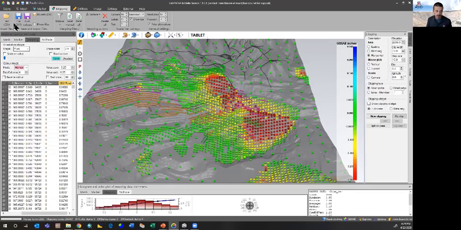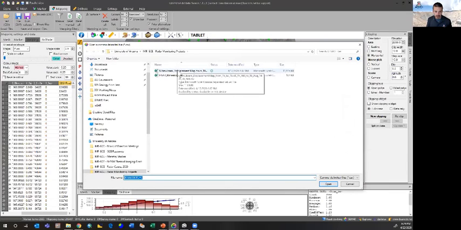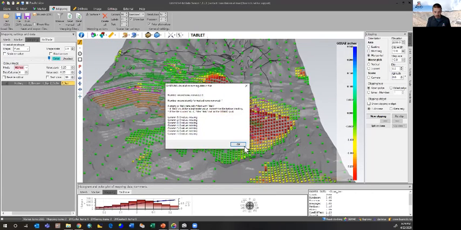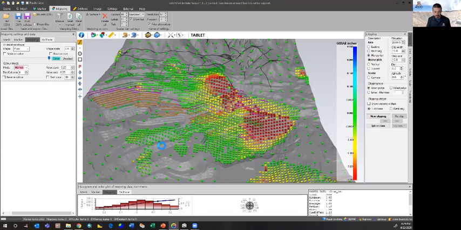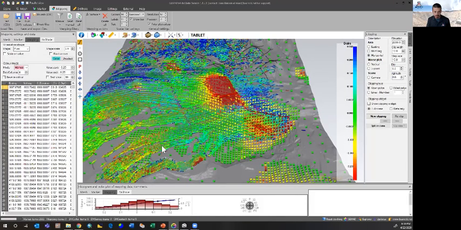And so that's what we did. We brought in 200,000 points of 12 hours subsampled radar data into the software. And so it's just loading really quick here.